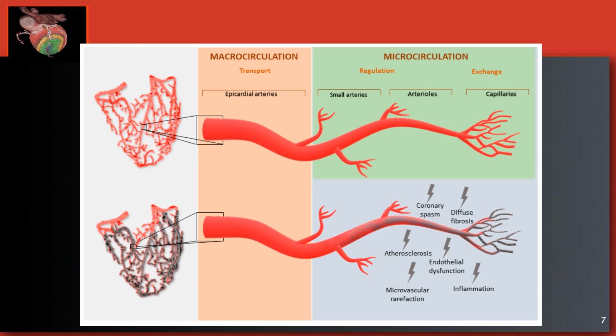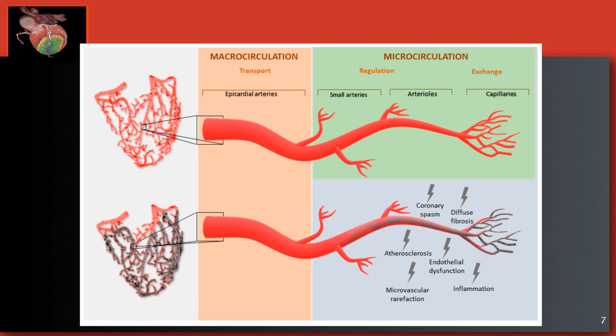These are transport vessels that are responsible for transporting the blood into the microcirculation. In the microcirculation, you have the small arteries, the arterioles, and the capillaries. Small arteries and arterioles have a role to transport, but also to regulate the flow. And then in the capillaries is where the exchange occurs.